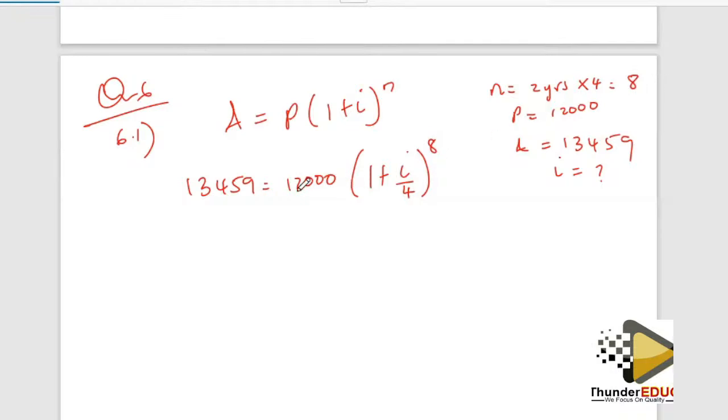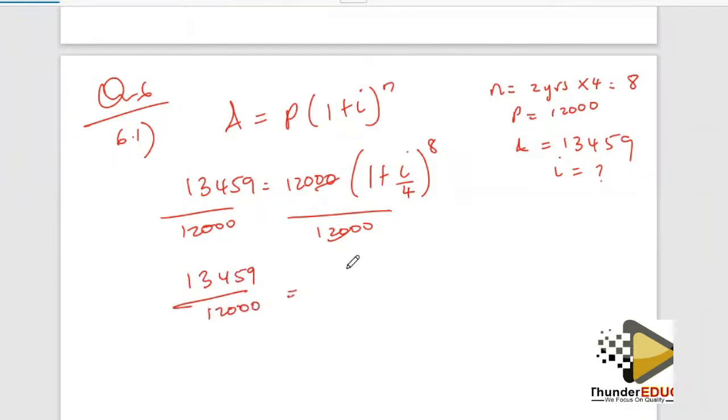Then what I need to do is divide both sides by 12,000. 13,459 divided by 12,000, very big number, let me just keep it like that. 13,459 over 12,000 is equal to 1 plus i over 4, to the exponent of 8.